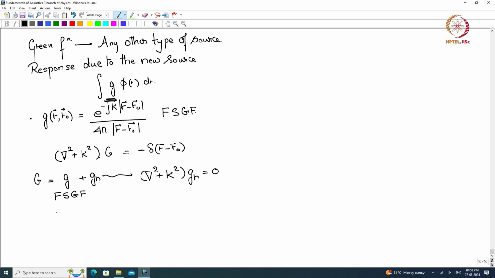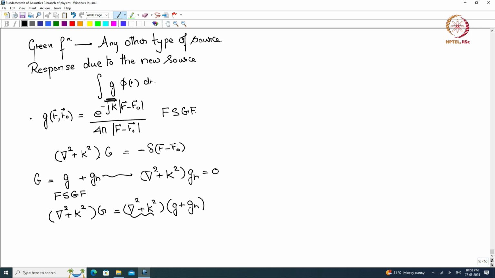Then del square plus k square of this g is equal to del square plus k square of small g plus g_h.